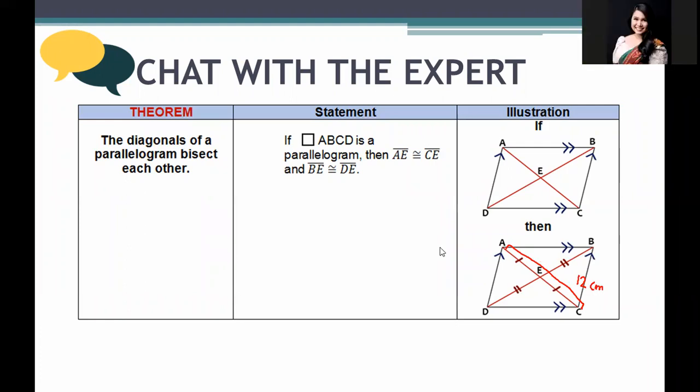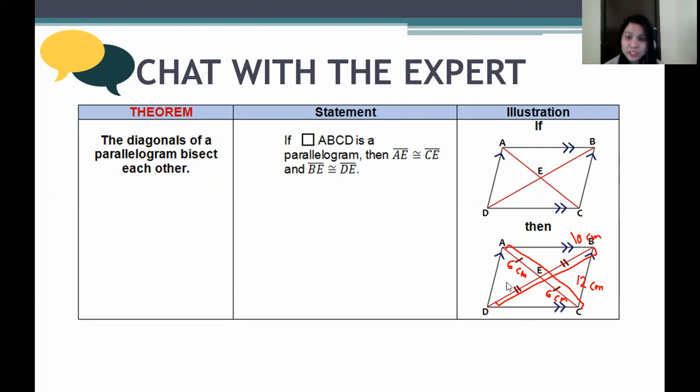So AE will measure 6 cm and EC will measure 6 cm. If DB measures 10 cm, then it will bisect each other, right? The diagonals bisect each other. Then DE will measure 5 cm and EB will measure another 5 cm.